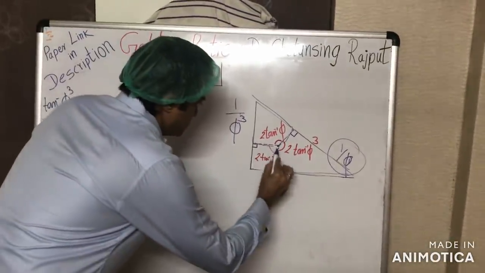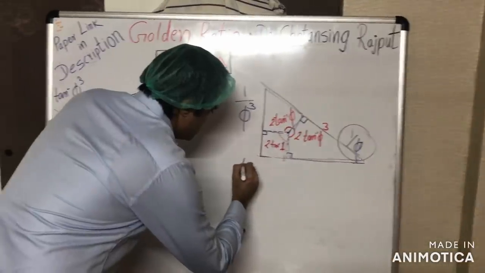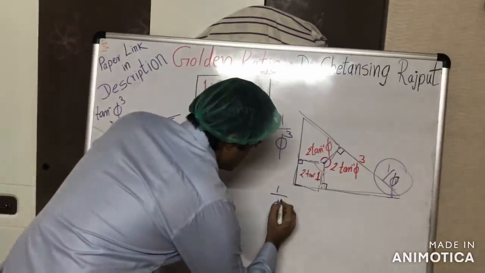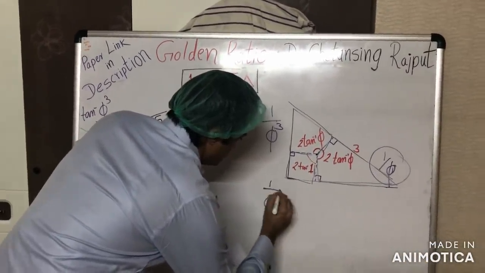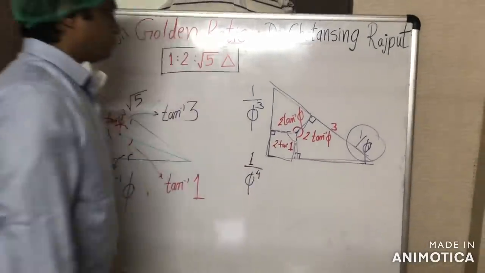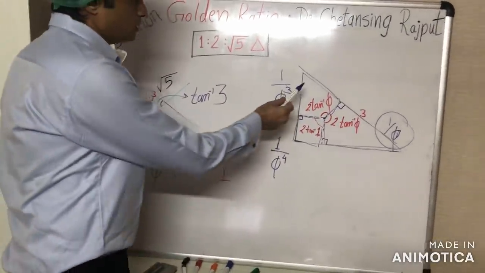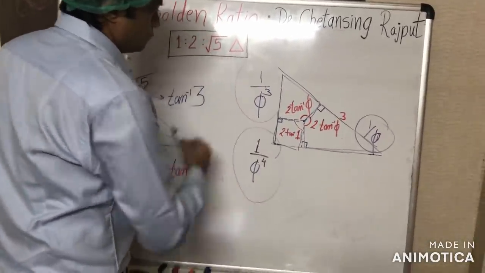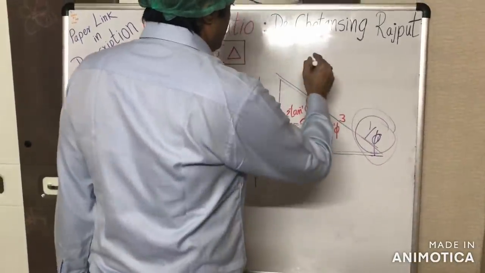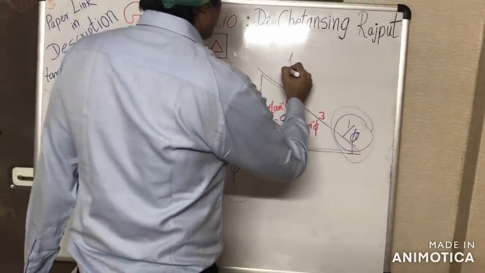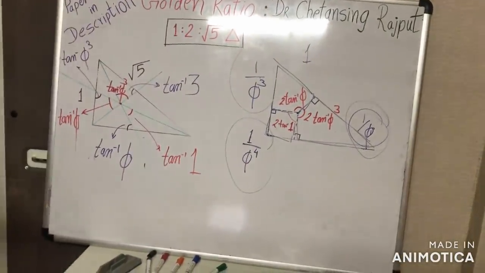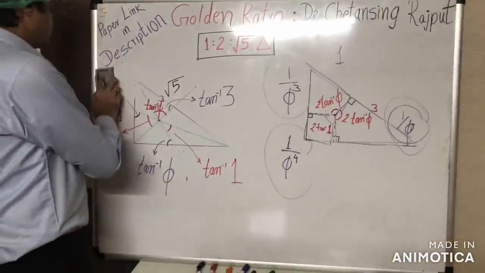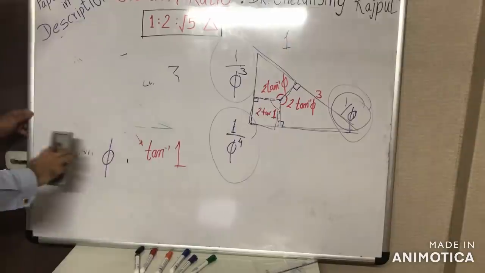And area of this square, the inradius is 1 upon phi square, hence area of this square is the 4th power of golden ratio inverse, 1 upon phi raised to 4. And these areas of these 3 portions, 1 upon phi cube, 1 upon phi raised to 4, and 1 upon phi, add up to area of this whole triangle, that is 1. So the entire geometry of this 1 to root 5 triangle is full of golden ratio.